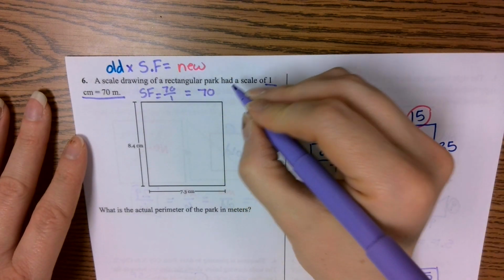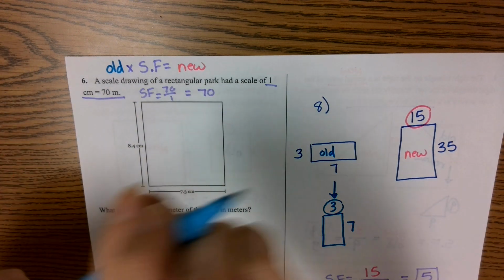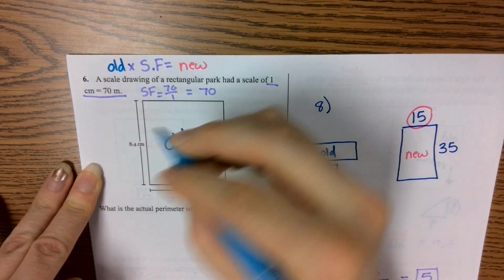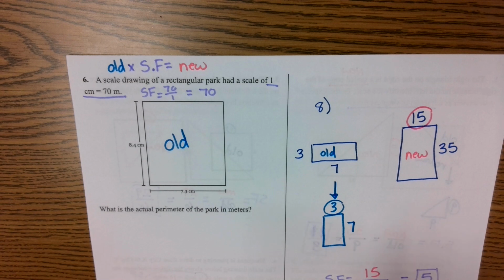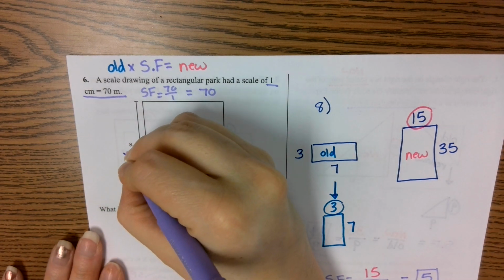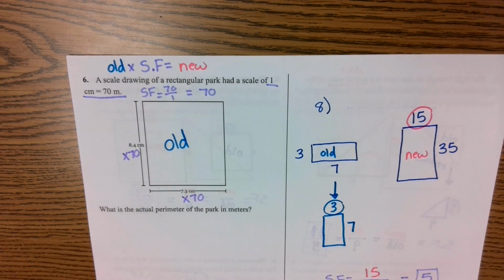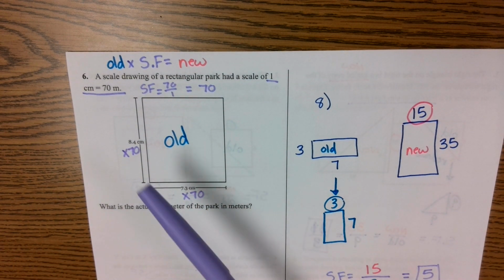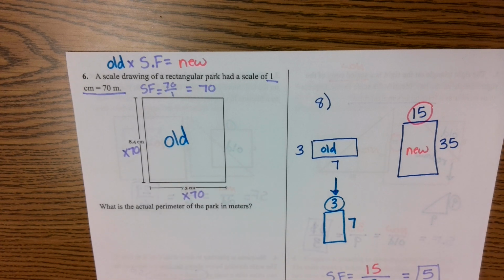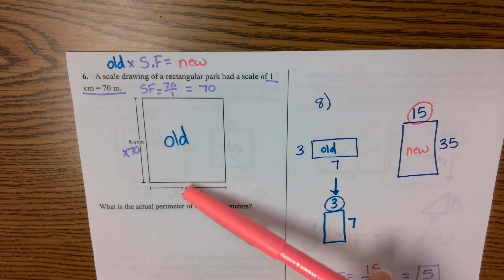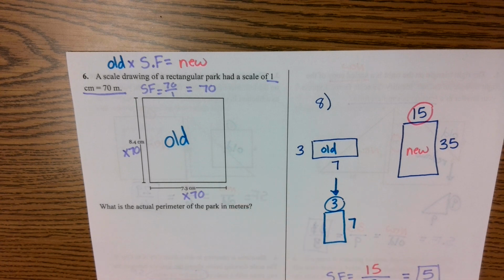There's my scale factor. I'm going to take all of these old dimensions, this 8.4 and this 7.3, and I'm going to multiply them by 70. I'm going to multiply them by my scale factor. I'm going to take 8.4 and multiply it by 70. I'm going to take 7.3 and multiply it by 70.